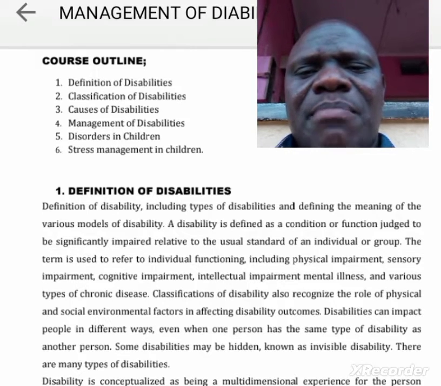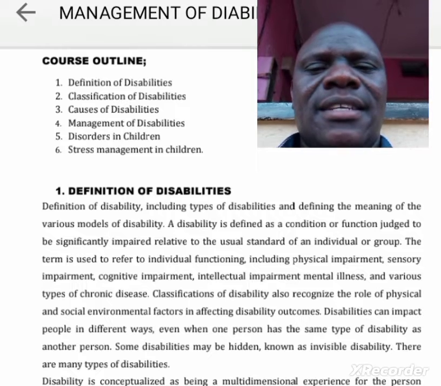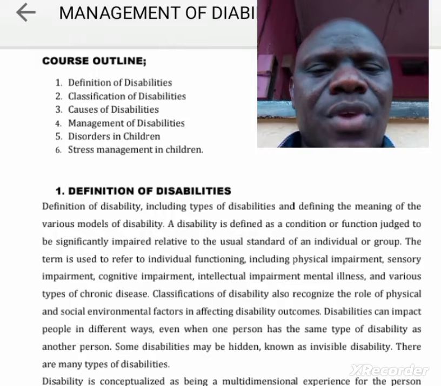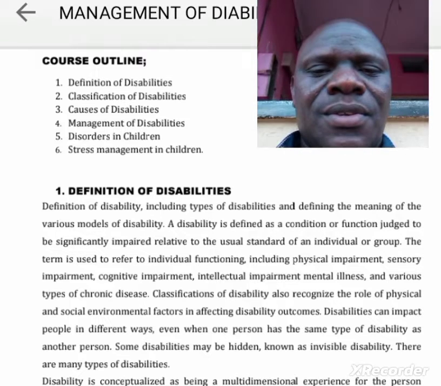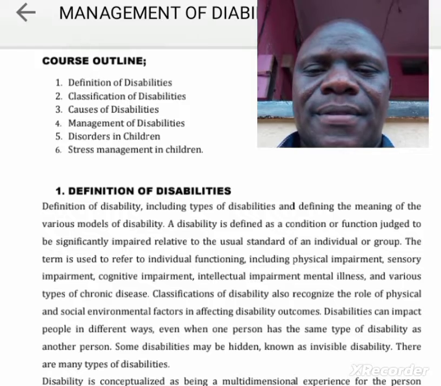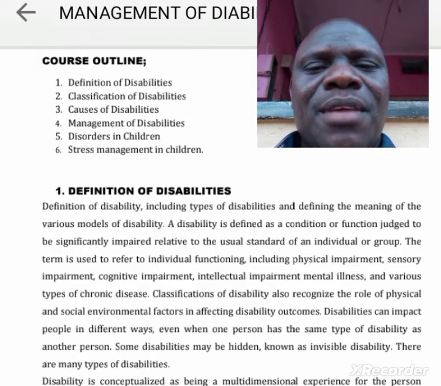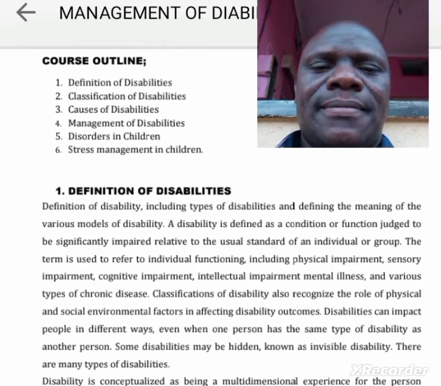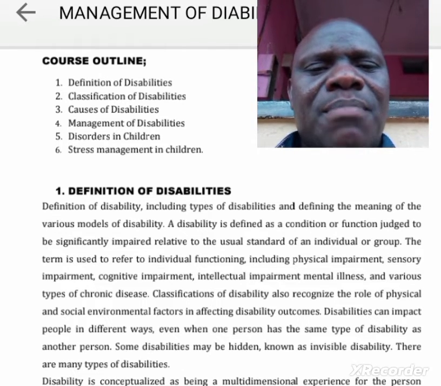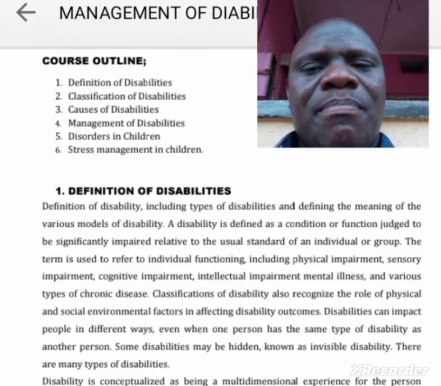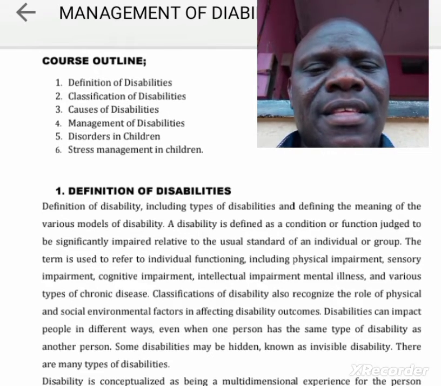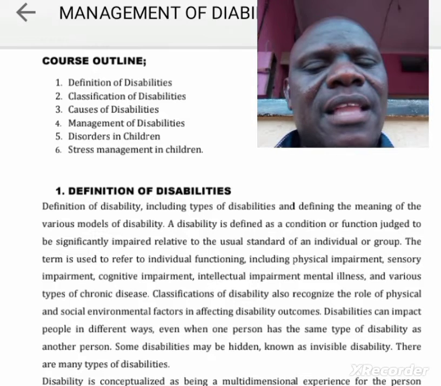Okay, disability is conceptualized as being a multidimensional experience for the person involved, and there may be effects on organs or body parts, and there may be effects on a person's participation in areas of life.